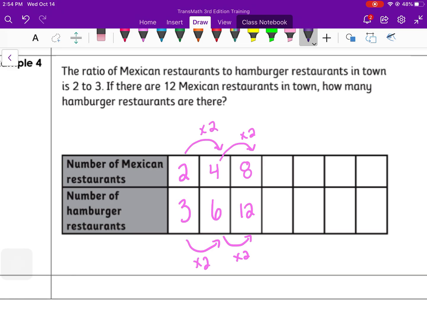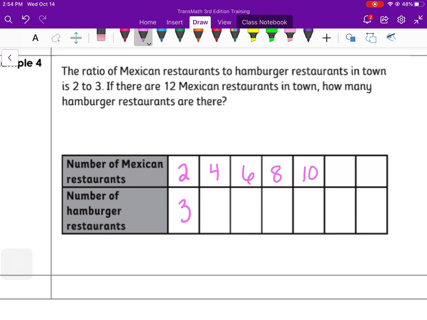And then it'd be 16 and 24. Okay, so let's think about this again. Say the number of Mexican restaurants is 2, and then 4, and then 6, 8, 10, and 12. I want to know what it is for 12.